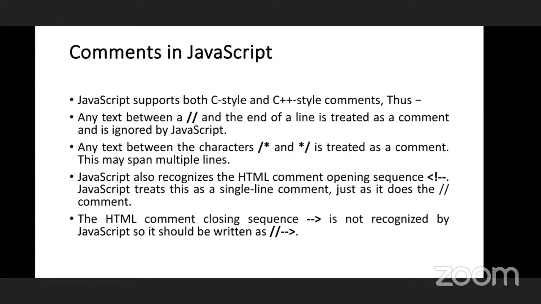In the same way, the same rule applies in JavaScript: double forward slash for a single line, forward slash star and star forward slash for multiple lines. What is the rule we have in C? You can apply the same rule here also. That is also valid in JavaScript.